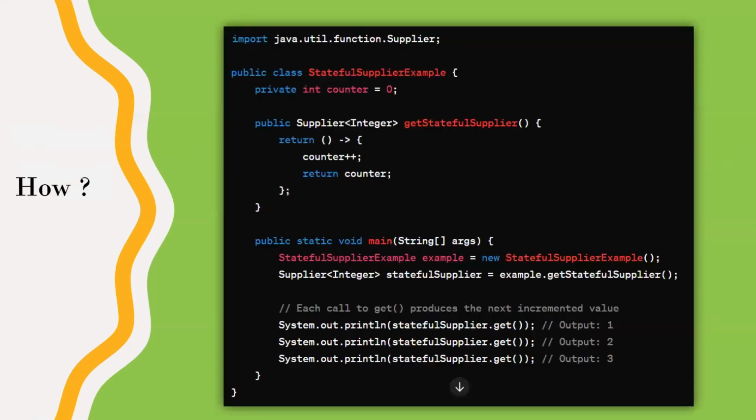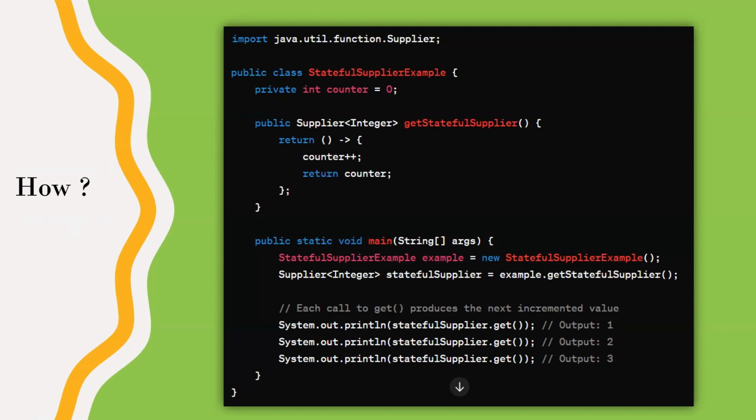Here you can see a simple class, StatefulSupplierExample. It has its own counter variable and one Supplier function, getStatefulSupplier. Its job is to return the value of the counter; however, before returning, it increments it. Now in the main function, I am creating an instance of it and calling getStatefulSupplier, and this function is saved into statefulSupplier.